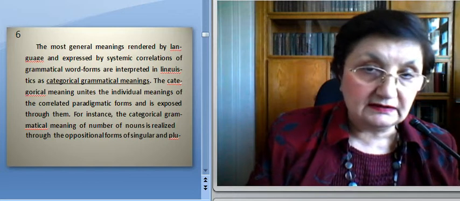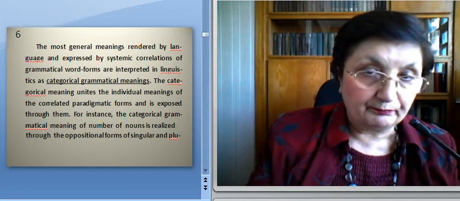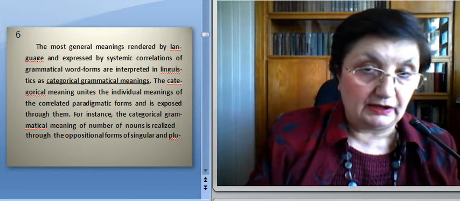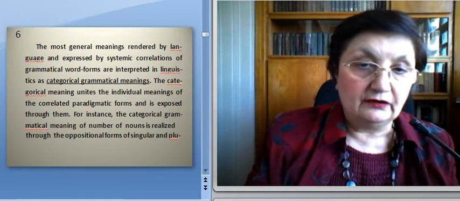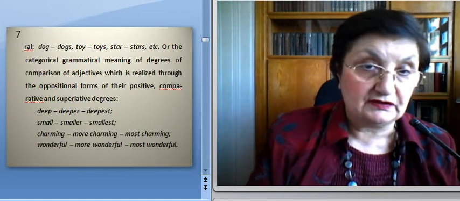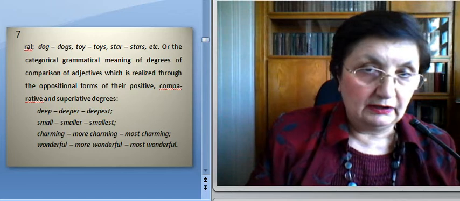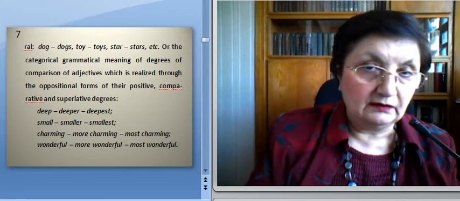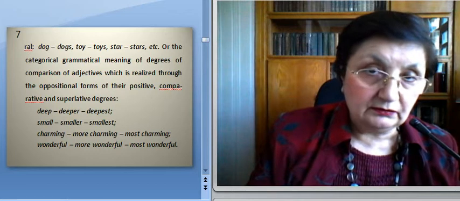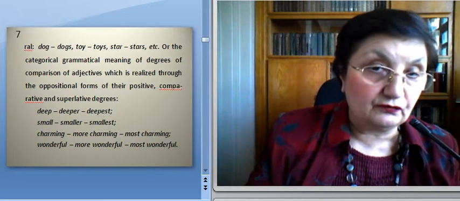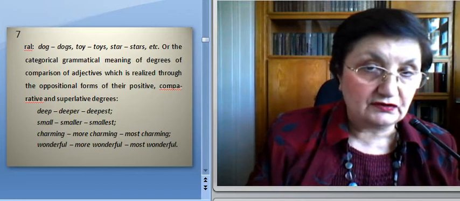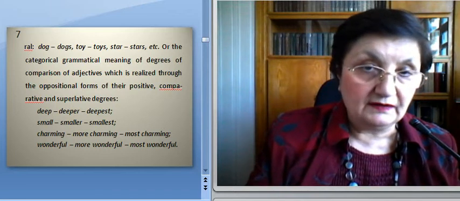For instance, the categorical grammatical meaning of number of nouns is realized through the oppositional forms of singular and plural, such as dog and dogs, toy and toys, star and stars, and so on. Or the categorical grammatical meaning of degrees of comparison of adjectives, which is realized through the oppositional forms of their positive, comparative, and superlative degrees.